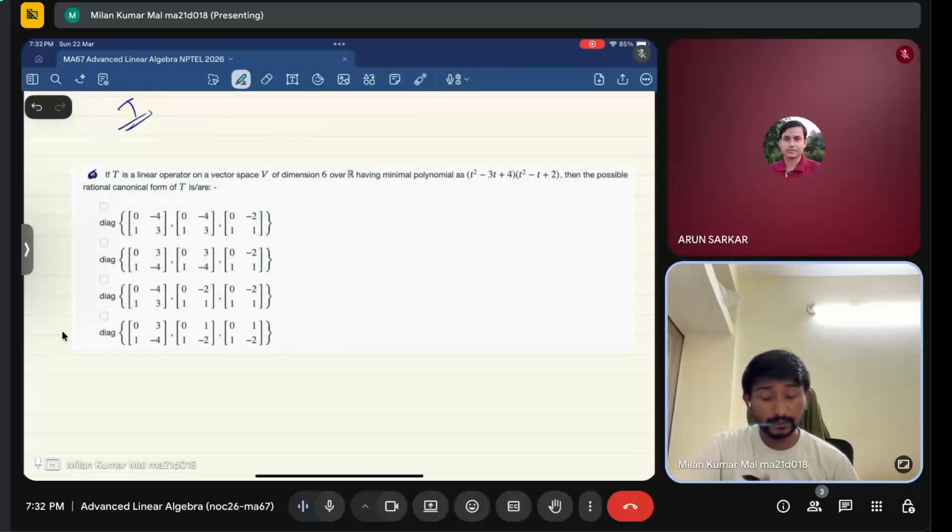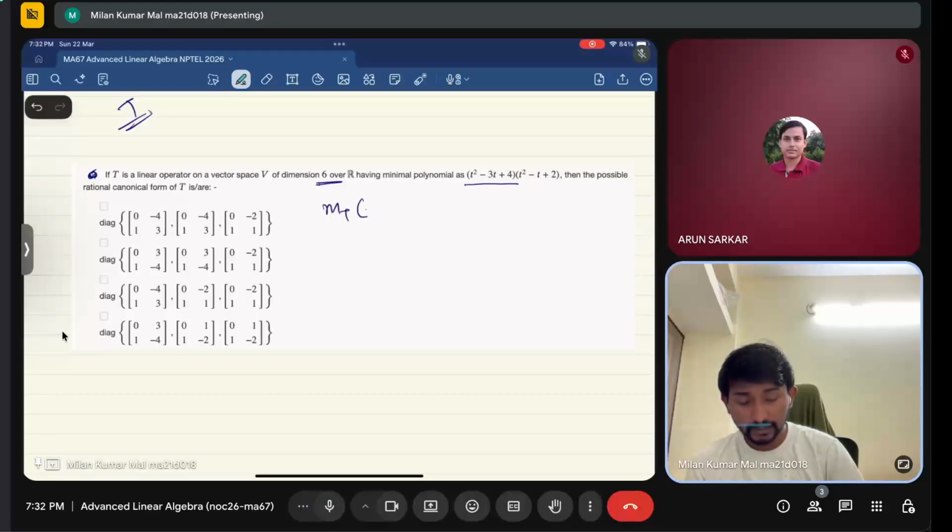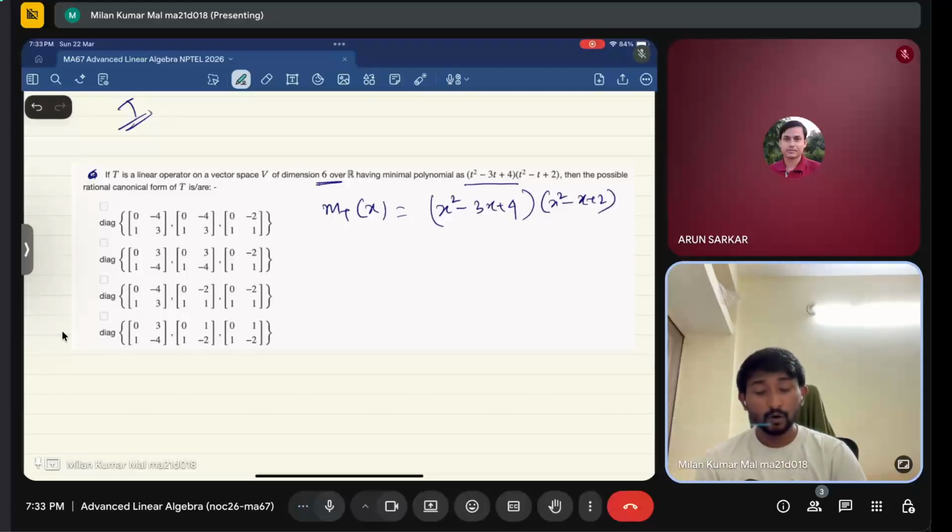What this first question says: T is a linear operator on a vector space V of dimension 6 over R, the real numbers, having a minimal polynomial which is a product of x square minus 3x plus 4 and another factor, x square minus x plus 2. Note that over R they can't be factored further, but over the complex field we can factor them, since they are quadratics.